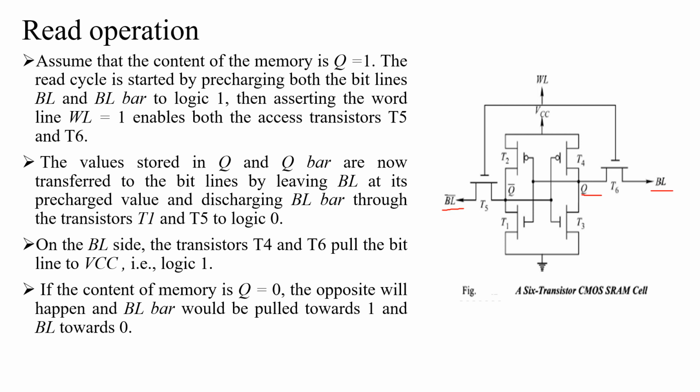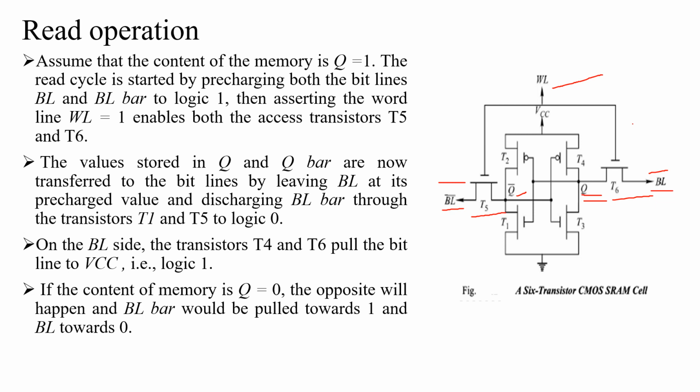The read cycle is started by pre-charging both the bit lines BL and BL bar to logic 1. Then the word line WL is asserted to 1, which enables both the transistors T5 and T6. These are the access transistors. The values stored in Q and Q bar are now transferred to the bit lines BL and BL bar.